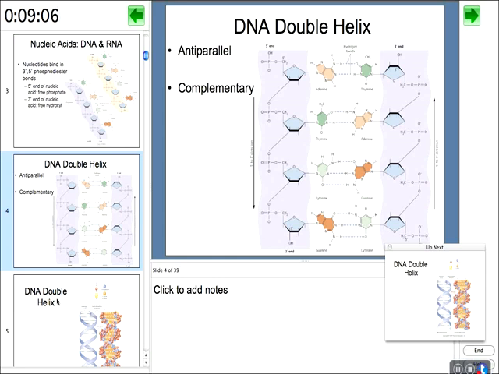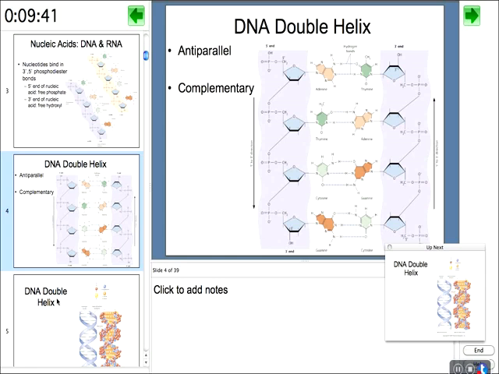It would be, okay, and this end would be the 5', and this end would be the 3', right? So all double-stranded DNA is complementary, meaning the base pair rules are followed. It's also anti-parallel, indicating that opposite structure, where the 5' end of one strand is next to the 3' end of the other strand.